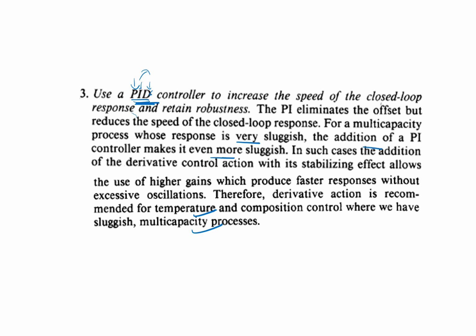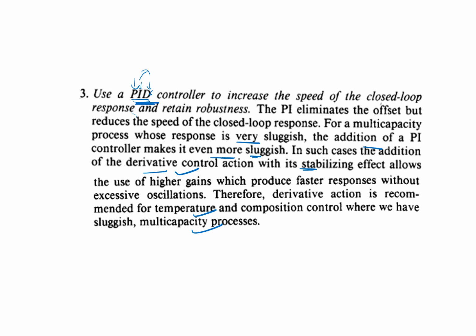So in that case, we have to use derivative action to stabilize it. You have to use a controller that allows higher gains, because this process is sluggish. Higher gains means you're giving more power to it. Why is it sluggish? Because of this I. To reduce the overshoot, D is used, so the process becomes sluggish.